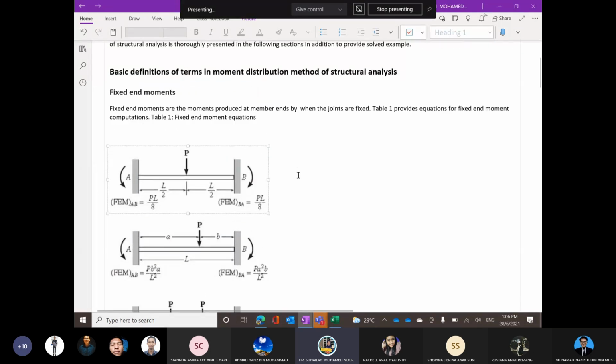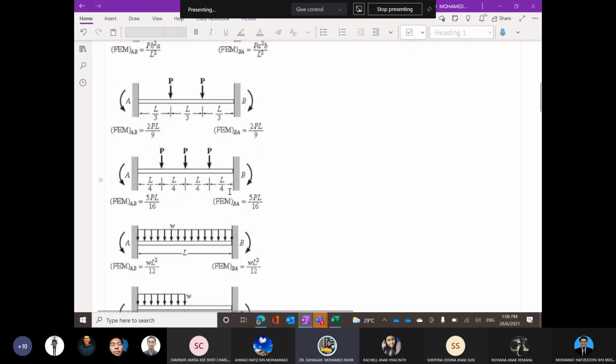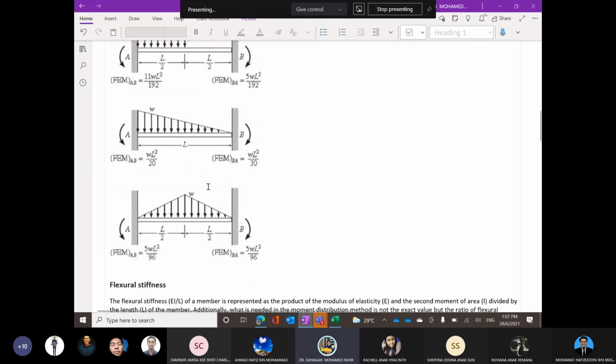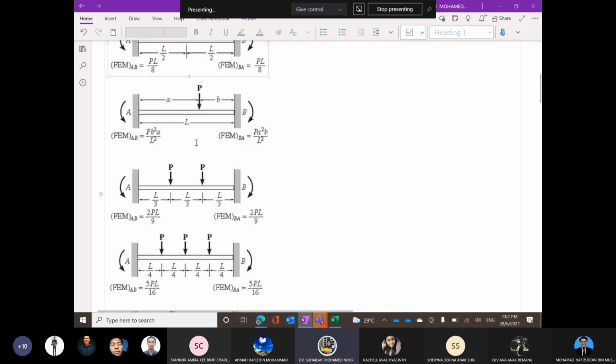We have several cases of intermediate loading, such as triangular load, UDL, UDL on half of the member, as well as point load: 1 point load, 2 point load, and 3 point load.